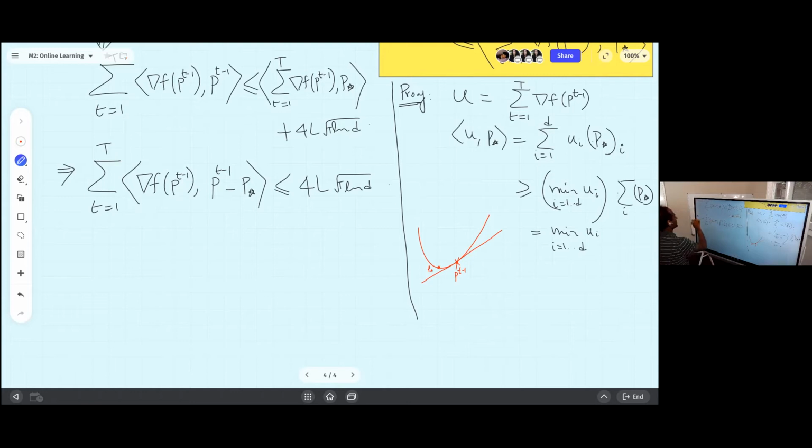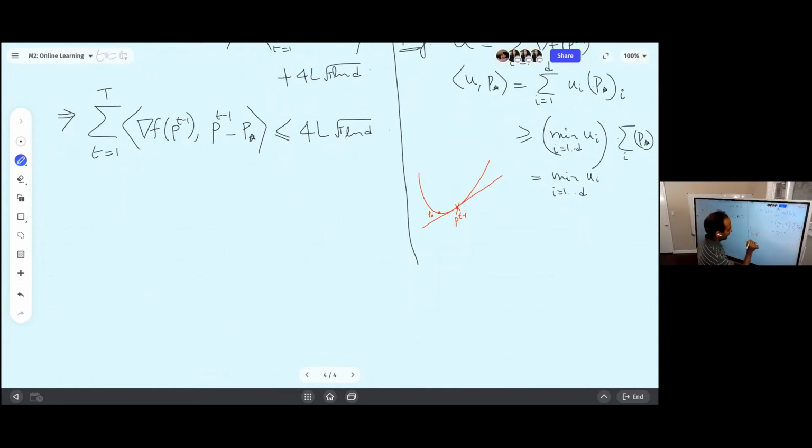And we had this fundamental inequality of convexity: if f is a convex function, then f of y is at least f of x plus the gradient of f at x, inner product y minus x. This is the tangent line, which is always below the curve.